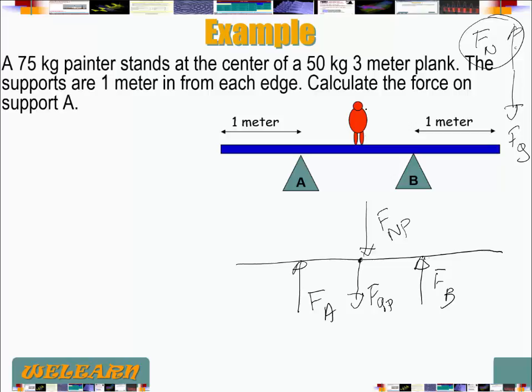The next thing is to write Newton's second law of motion. Newton's second law of motion says the sum of all forces is equal to 0, which means FA plus FNP plus FGP plus FB is equal to 0.